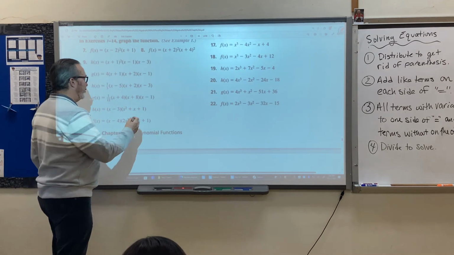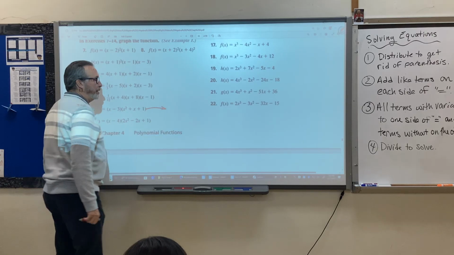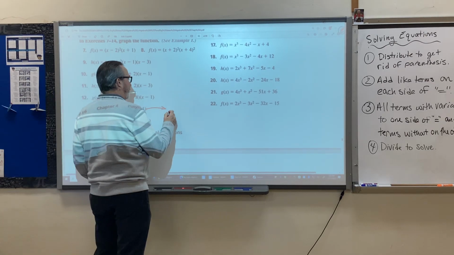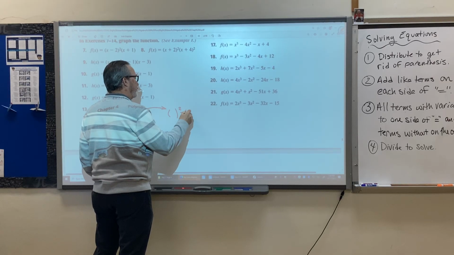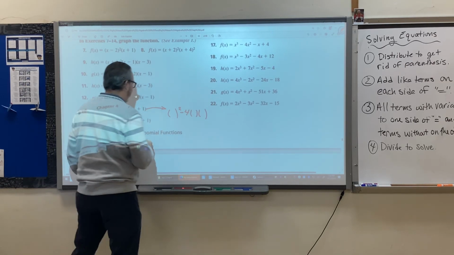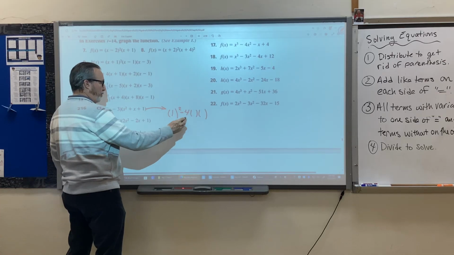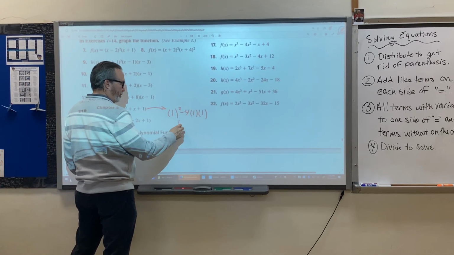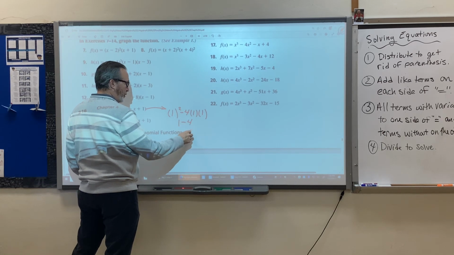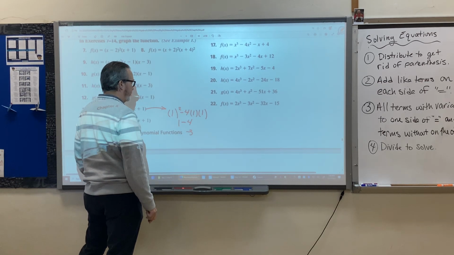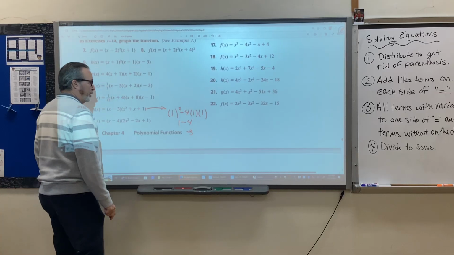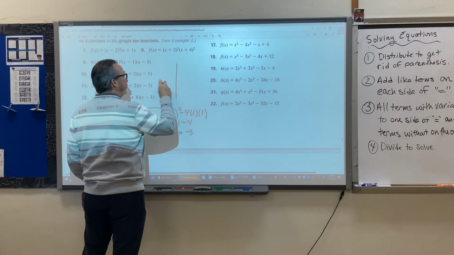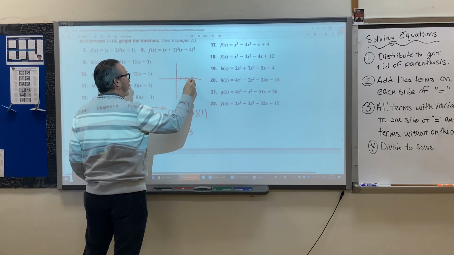I think this has 2 imaginary zeros. It's just my thought. B squared minus 4ac is definitely, that's 1 minus 4, negative 3. So if I were graphing it, it crosses the x-axis at 3.